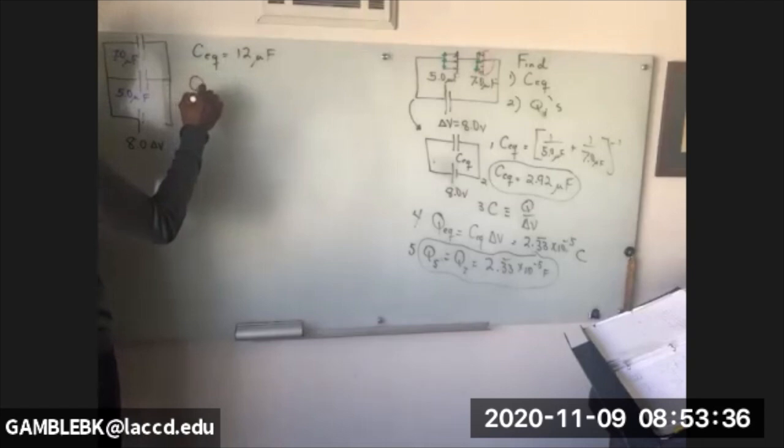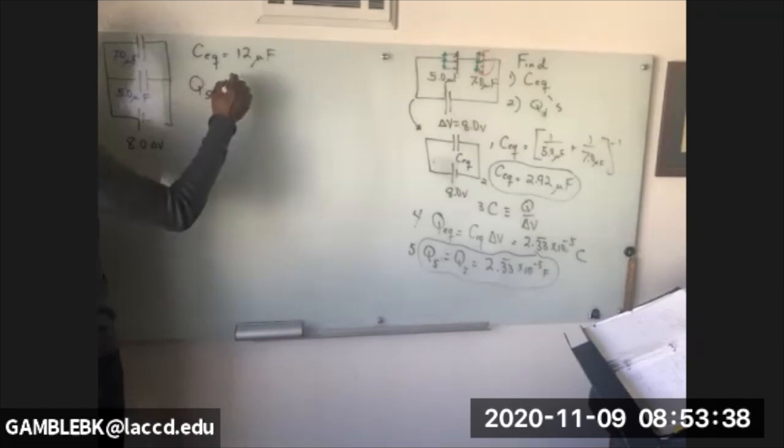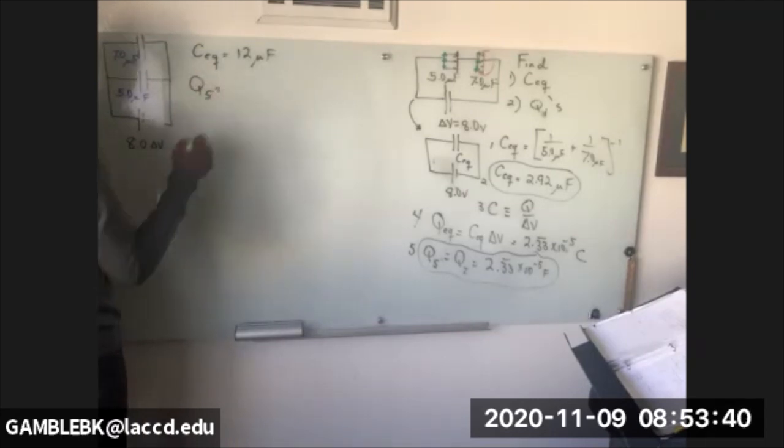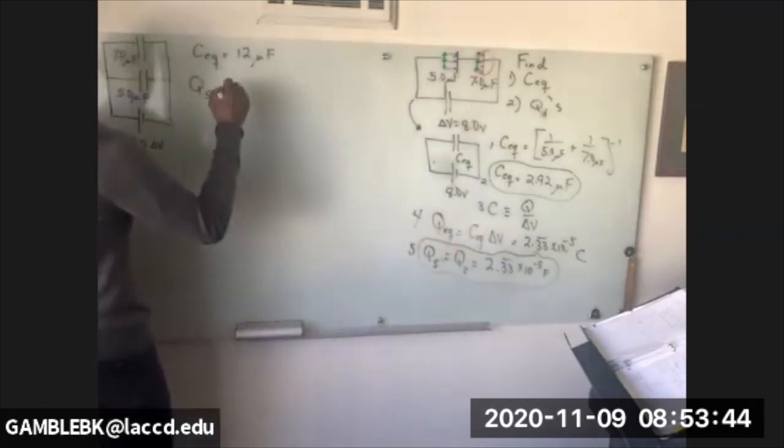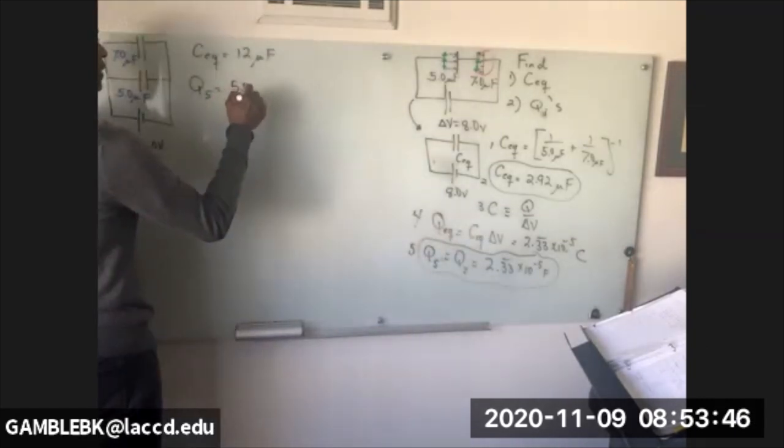And the voltage, so Q5 is going to be equal to, it's still this formula here. So it's going to be 5 microfarads times the 8 volts.